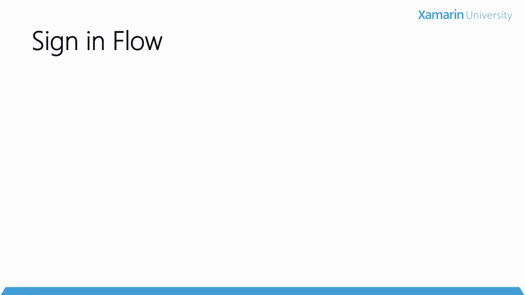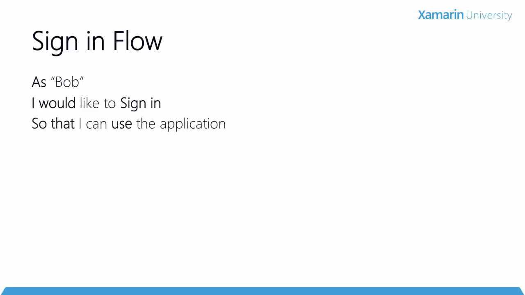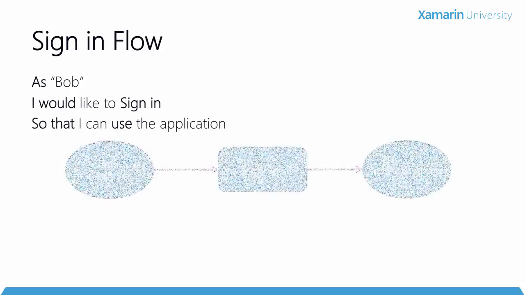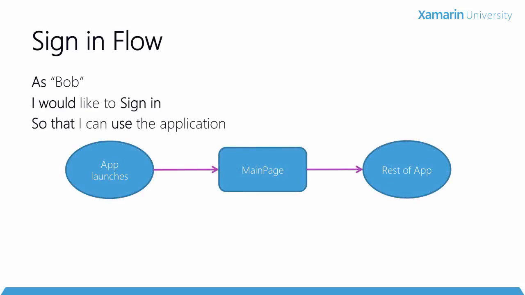Let us go back to the sprint planning session and back to this so-called easy to implement sign-in feature. Right, we've all been here in one form or another. So it starts out with Bob, who needs to be able to sign into the application so that he can use it. Now something that was disguised as a simple, let's add a sign-in screen to our application, has now become something that's going to careen off the wheels.